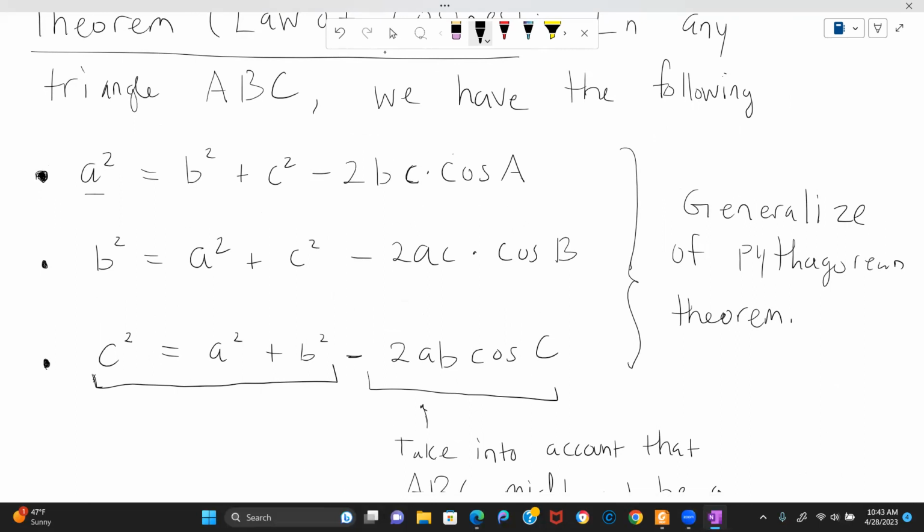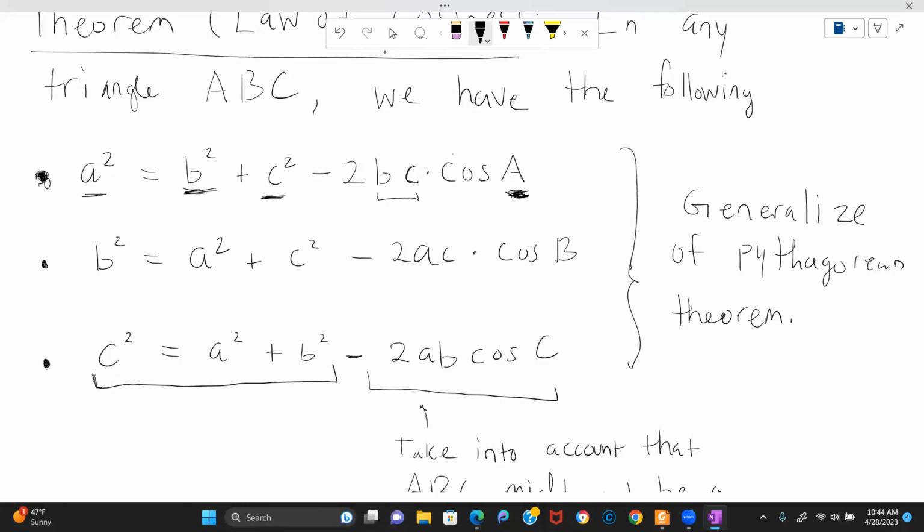On the left-hand side you have A squared, so the cosine should be of A, and the equation has to involve the other sides of the triangle. That's where you get the B squared and the C squared. And the only instance of A on the right-hand side is this cosine A, so you have this BC here. If you look at the next equation, it's almost the same thing as this first one, just rearranged a little bit.